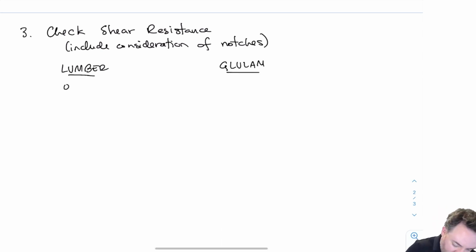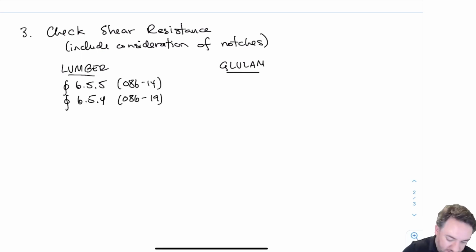Okay, so for lumber, the overall shear clause is 6.5.5 or 6.5.4. And in glulam, for both versions, it's 7.5.7.